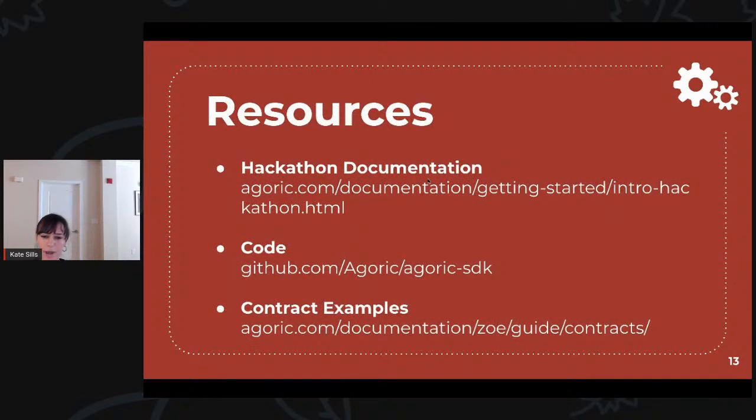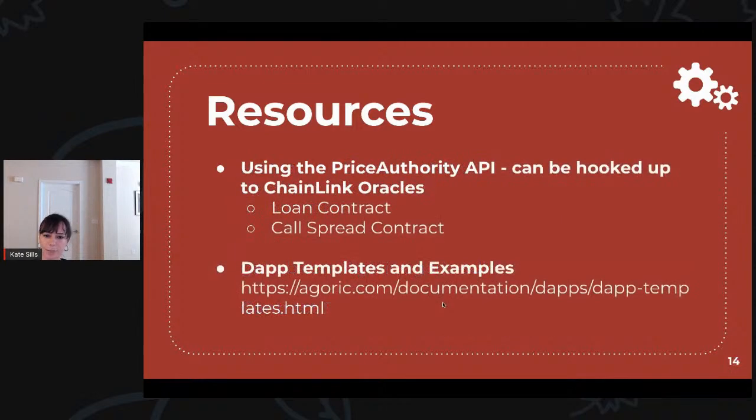All right, some of the resources you might have seen in an earlier presentation, but our hackathon documentation is up. All of this code is in Agoric SDK in terms of ERTP and Zoe and all of the things that I've talked about. We have a number of contract examples, which are also in Agoric SDK.